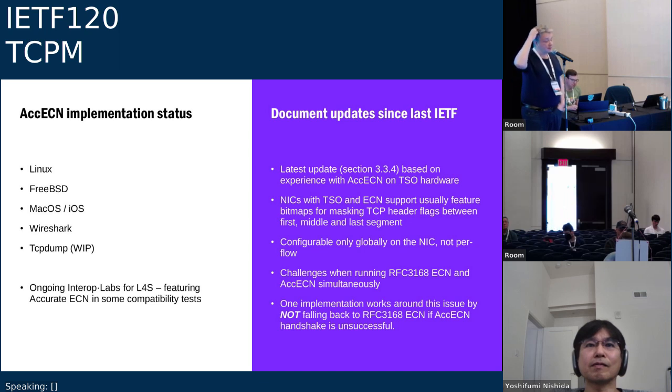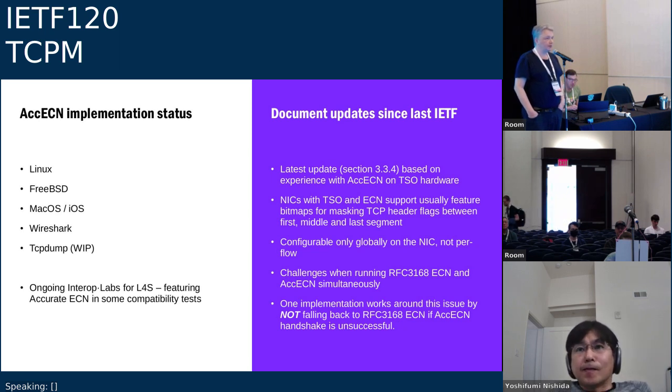There is now text which describes the situation and makes people aware that they have to consider this if they are using accurate ECN in combination with TSO, which for some people is an important factor to reduce the CPU load.